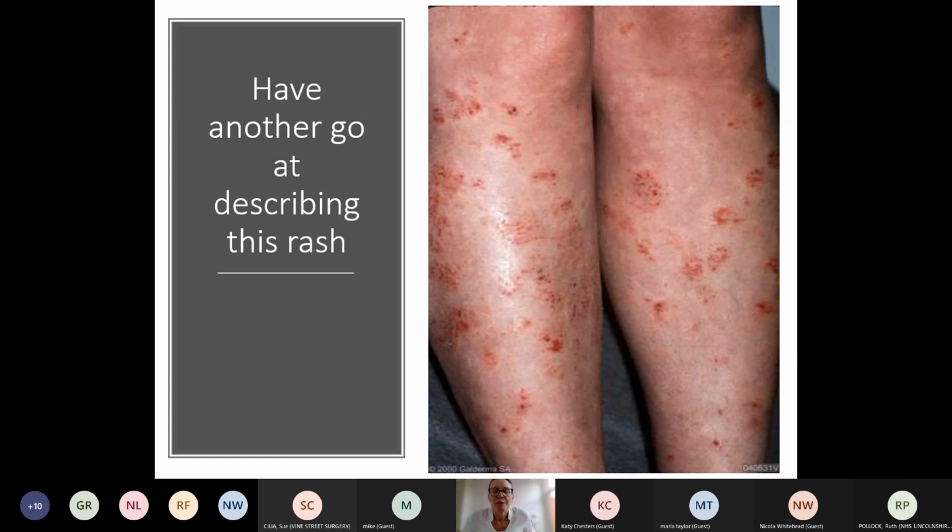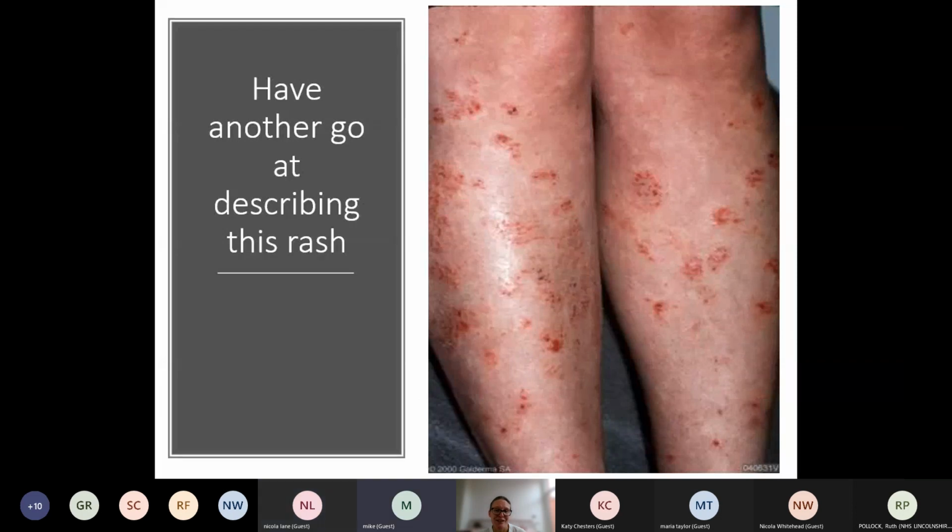Okay, so will somebody have a go at telling me what they wrote in terms of describing this? Poorly defined. Yes, good. That's really good. That's really important. Irregular. Yeah.